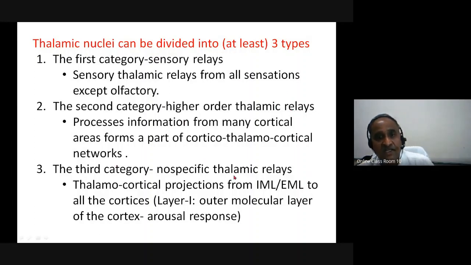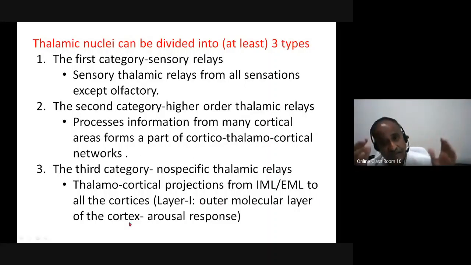The third category is the non-specific thalamic relays. These non-specific thalamic relays start as thalamo-cortical projections from the internal medullary lamina or the external medullary lamina to all the cortices. And these are relayed into layer 1, the outer molecular layer of the cortex.